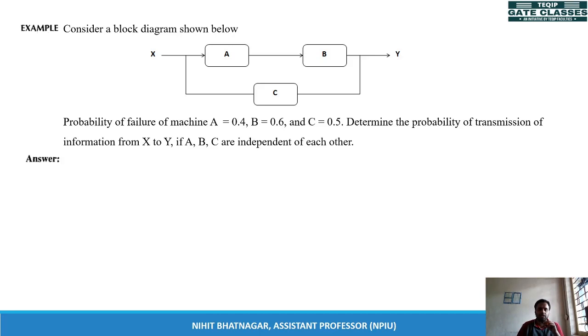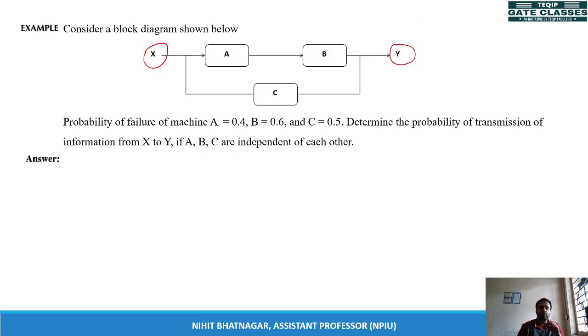It means if machines A, B, and C fail, the probability of this event is 0.4, 0.6, and 0.5 respectively. So determine the probability of transmission of information from X to Y. We have to transmit the information from X to Y, and A, B, C, all three machines are mutually independent.